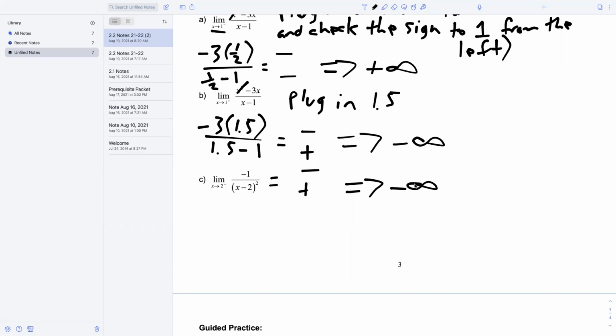If it weren't squared, then depending on what number I'm plugging in, it could be positive or negative. All right. Well, I have a little guided practice for you.